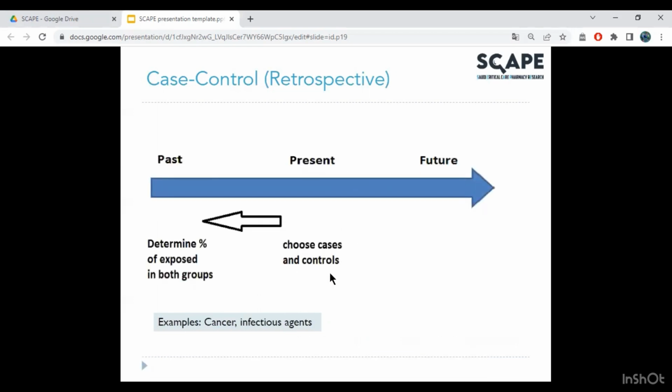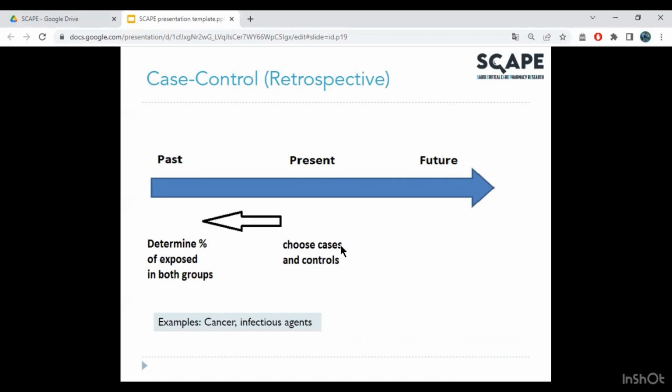Here we are in the present, and the investigator starts the study to define some cases and controls. The cases have the disease, and the controls don't have the disease or the health outcome.